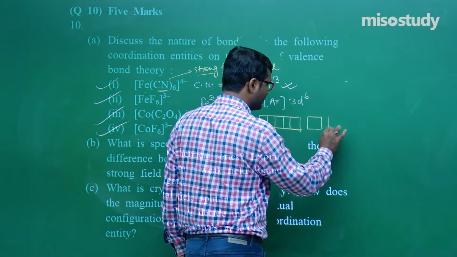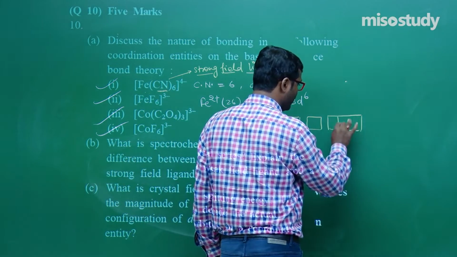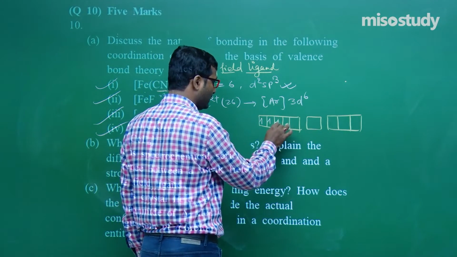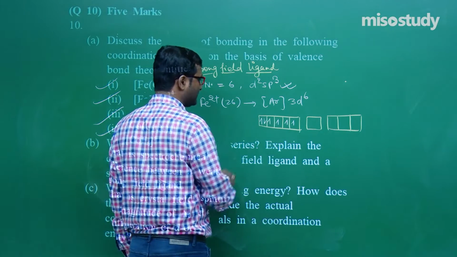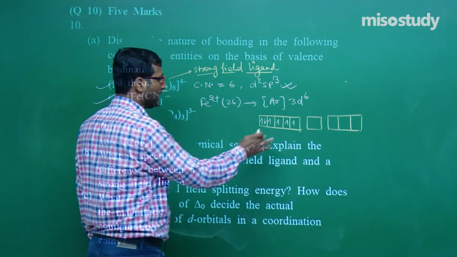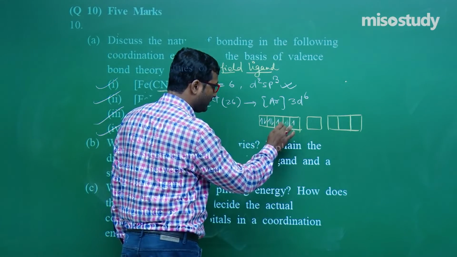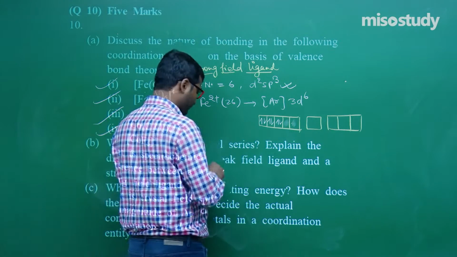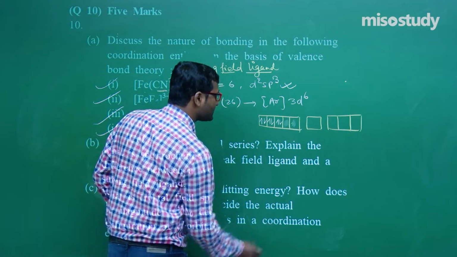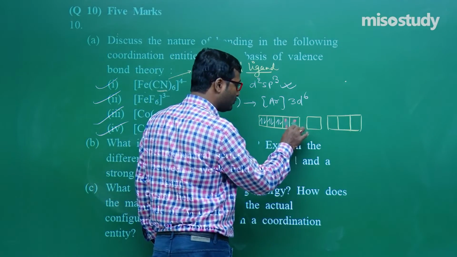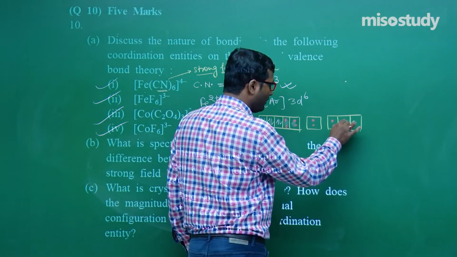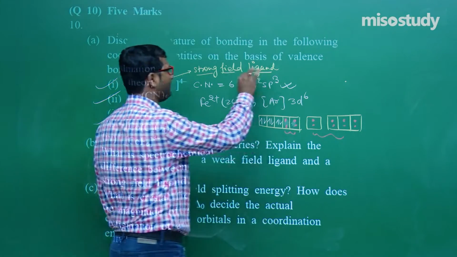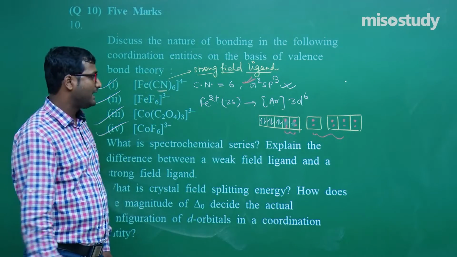Now, what will happen? This one is d, this one is s, and this one is p. Now, 1, 2, 3, 4, 5 and 6. Due to the presence of a strong field ligand, pairing takes place. Now, they will move here. So, the filling will be done like this: 1 electron pair, 2, 3, 4, 5, 6. d2sp3, my friend, and no unpaired electron.